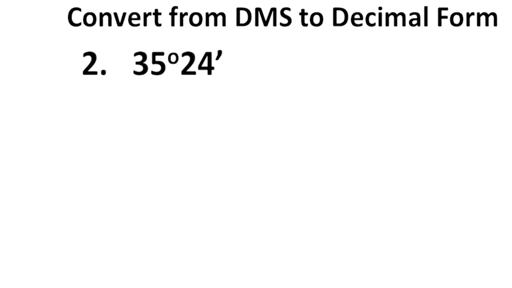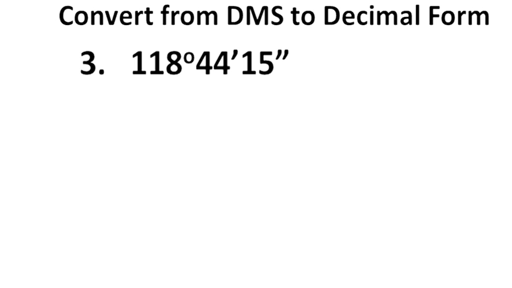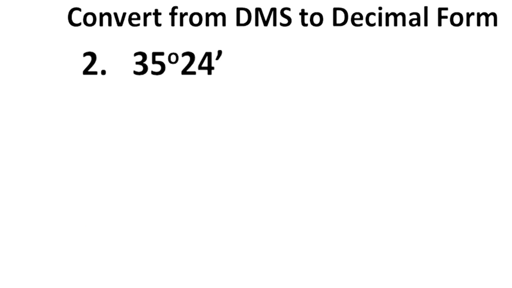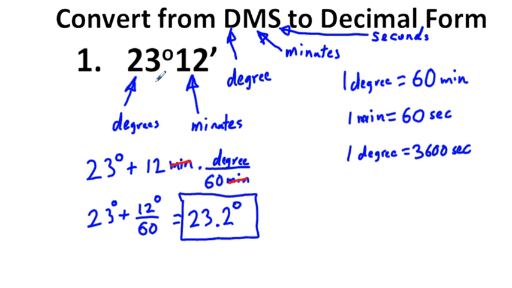Next, under problem 3, convert from DMS to decimal form. It's going to be the same process as before. So we're going to have 118 degrees, plus we take this 44 and divide it by 60, since there are 60 minutes in a degree, plus we have 15 seconds, and if we go back to our identities at the beginning, we have 1 degree equals 3,600 seconds.